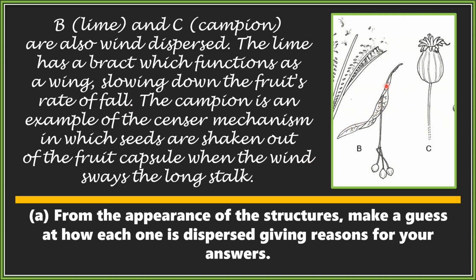It's going to act as a wing. The campion is an example of the censer mechanism, in which seeds are shaken out of the fruit capsule when the wind sways the long stalk.